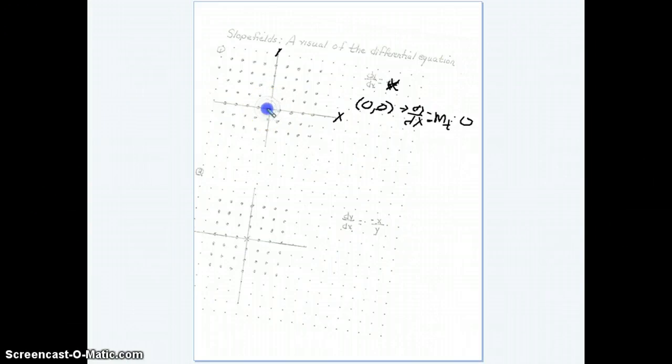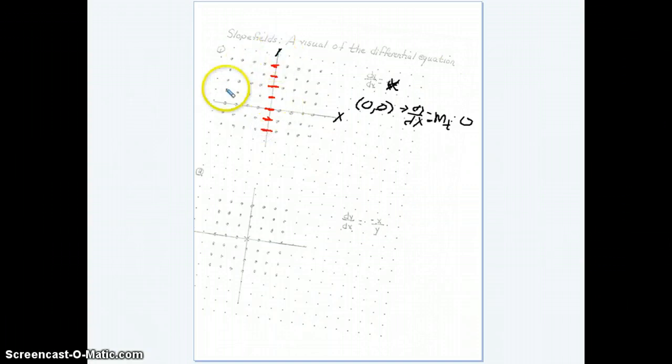So I'm going to draw a little tiny line segment with a 0 slope, because I know all horizontal lines have a 0 slope. And so any point where the x coordinate is 0 will yield a 0 slope. So all along the y-axis, I would have little tiny tangent lines that have a slope of 0.